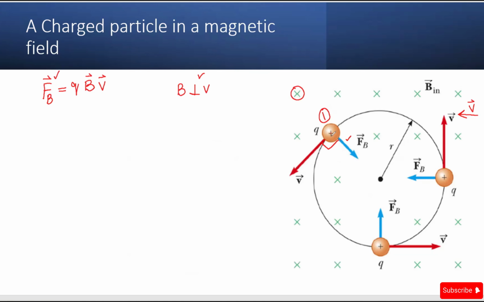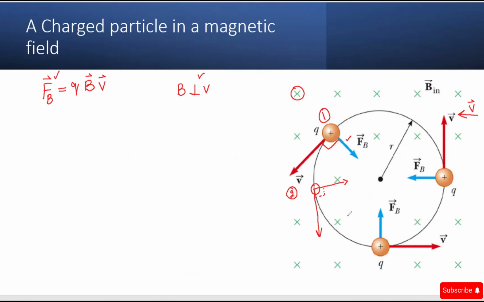Now if this charged particle is at point number 2, then what will happen? The velocity vector is always a straight line because it is a vector. So you can see again, the first finger of your left hand towards the screen, second finger downwards, then the force will be perpendicular to the velocity vector again.